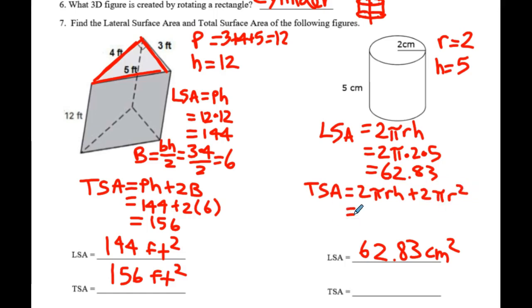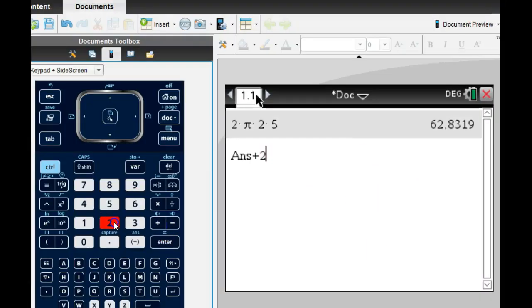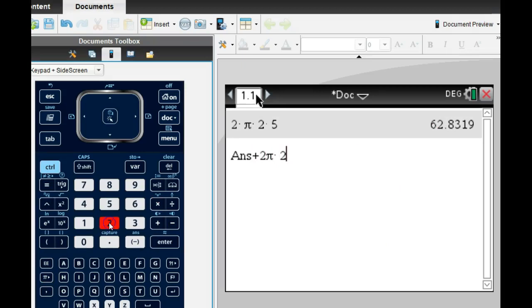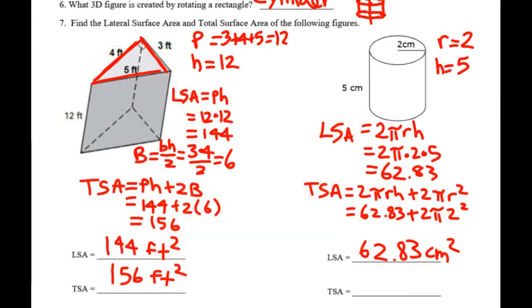We know 2 pi RH is already 62.83, and we're just adding 2 pi times 2 squared. And we get 87.96 centimeters squared.